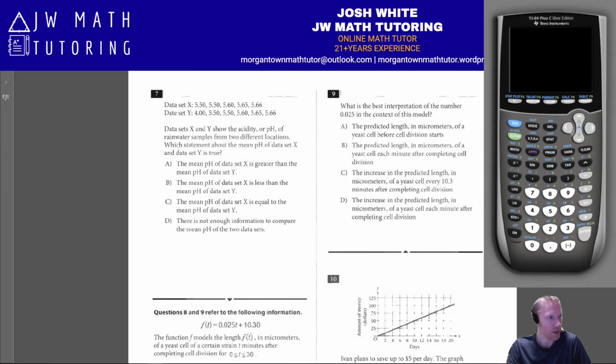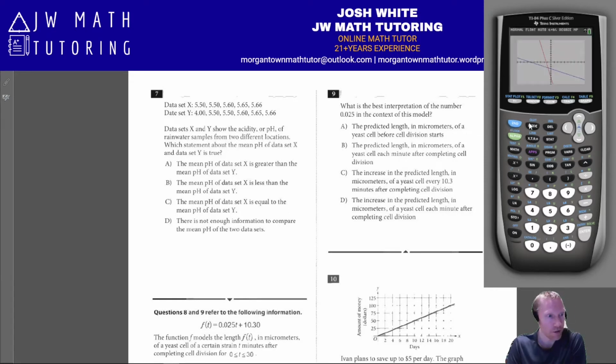Moving on to the next page, we have something with probability and statistics. This problem number 7 here, you're given 2 data sets, and it wants to know about the mean of data set X versus data set Y. So for this one, first I will go through and actually calculate them out, and then we'll compare the numbers. To get the mean of the data set, there's multiple ways you could do it.